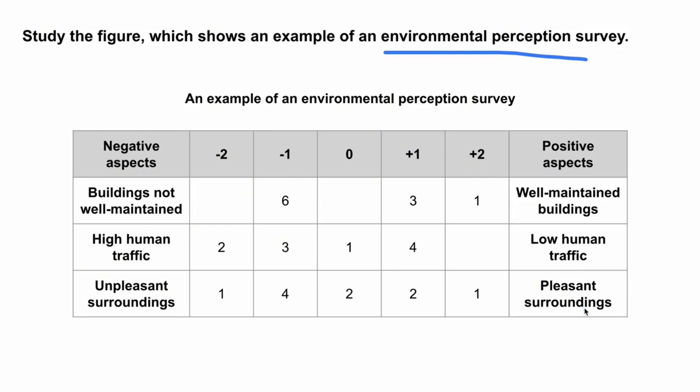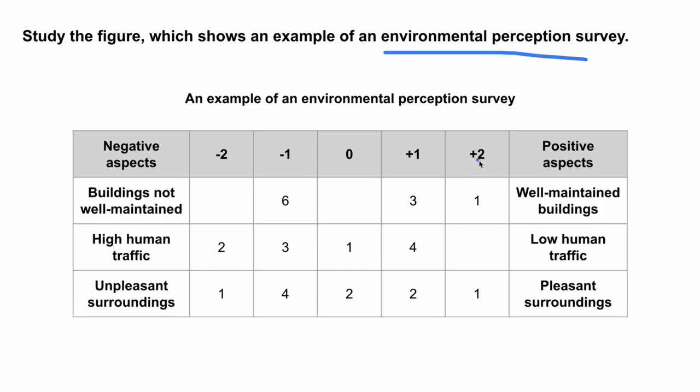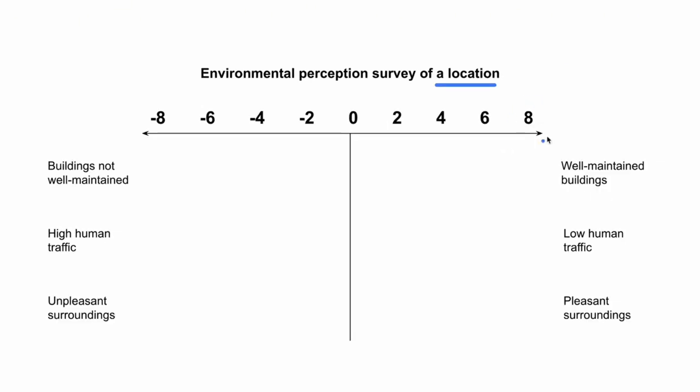What we have to do from this data set is to plot it in terms of a bipolar graph. Notice the title of the graph here, Environmental Perception Survey of a Location. The location can be anywhere given in that particular fieldwork question you receive. You also notice 0 is here, and the numbers are different from the numbers you saw previously. Those are maximum 2, but here you get 8 or even more.